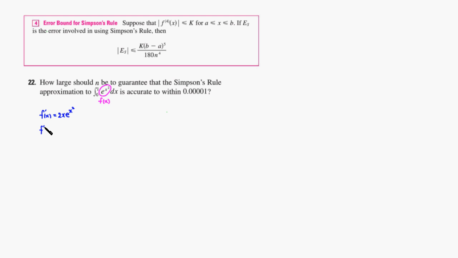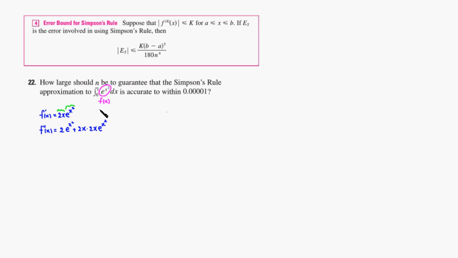And the second derivative, I'm going to have to use the product rule. So I'll take that as the first guy, take that as the second guy. The derivative of 2x is 2, times the second guy, e to the x squared, plus you have a 2x times the derivative of e to the x squared that we just did, so it's 2x e to the x squared.